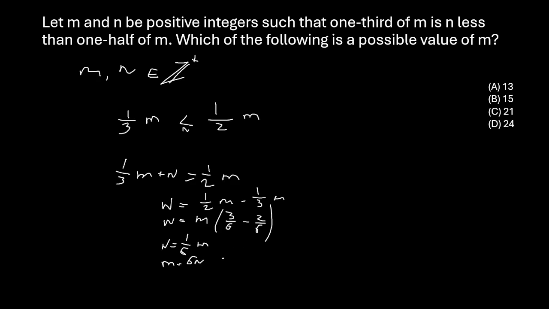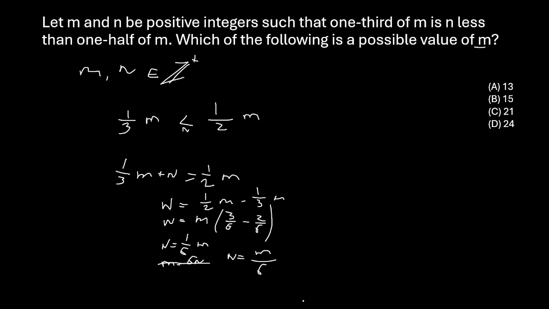That would solve our complications. So which of the following values is possible for m? Actually, we don't do that. Instead, yeah, we have to do this. So n is m divided by 6. Okay, what do we know about n?